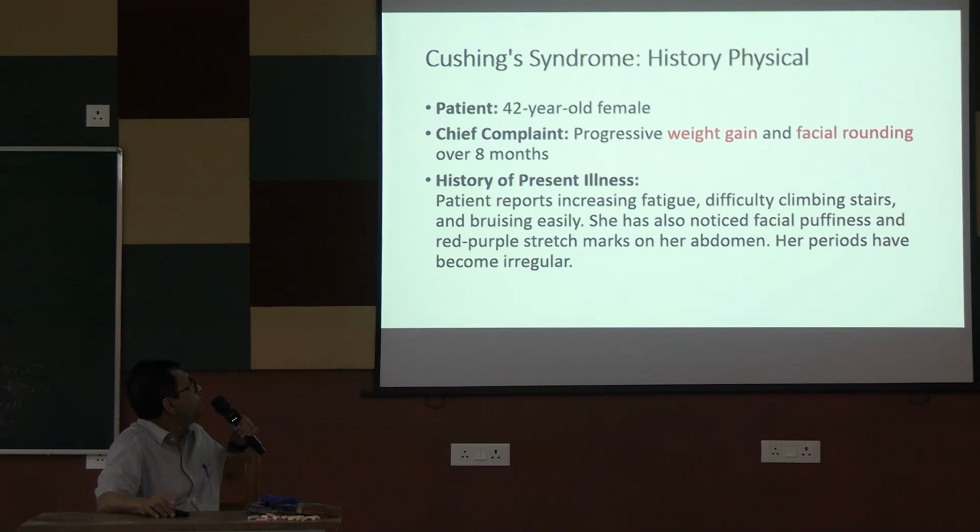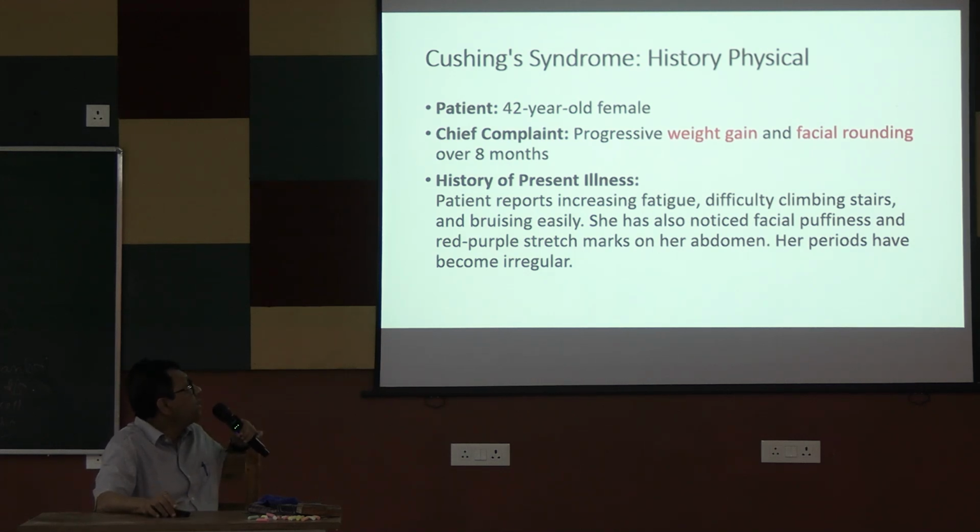Say, a 42 year old female, chief complaints are progressive weight gain and facial rounding over the last 8 months. A young lady with facial puffiness and a round moon-shaped face and progressive weight gain is the first symptom they complain of when they come to the clinician.